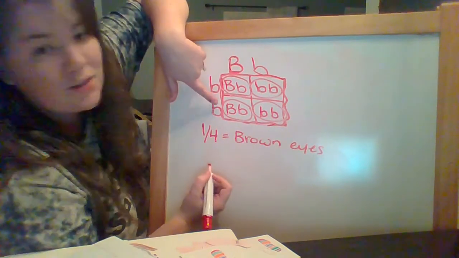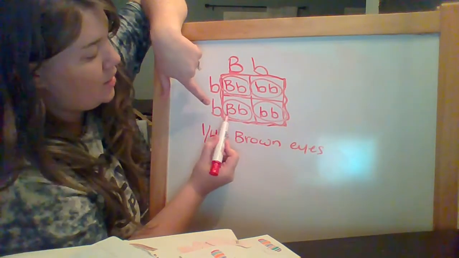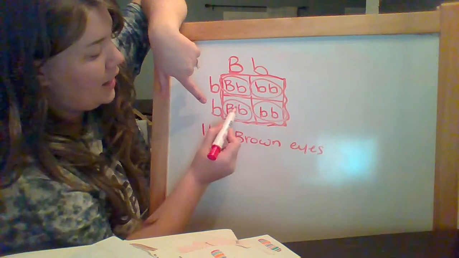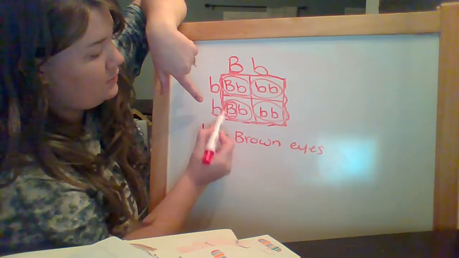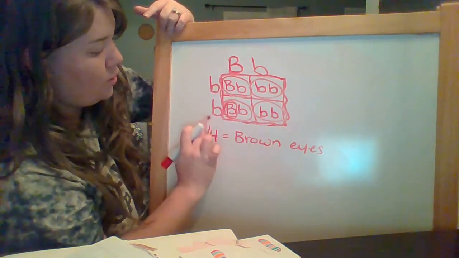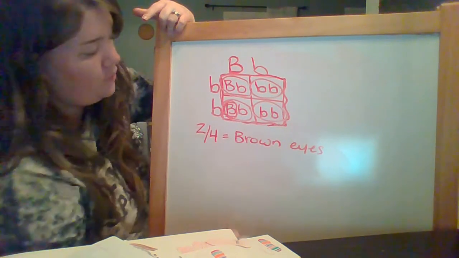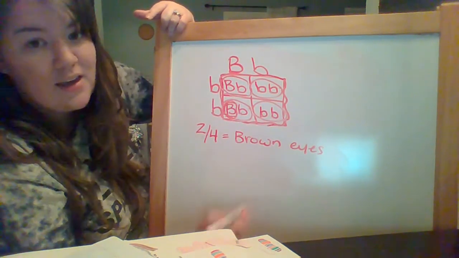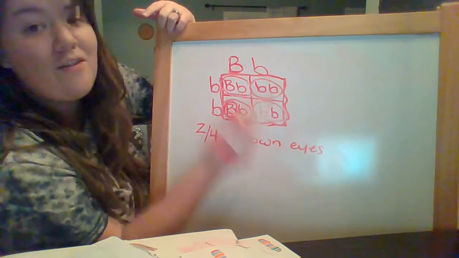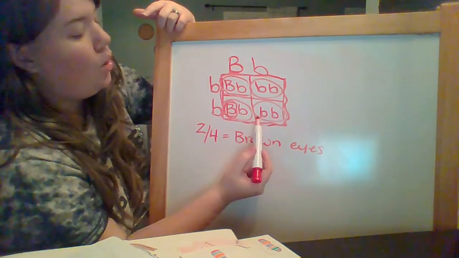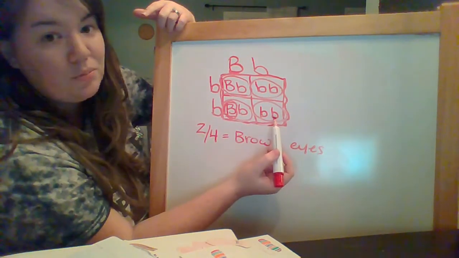But wait, there's another one. We have a dominant allele. It has to present that in its phenotype. So there's actually a 2 out of 4 chance that he has brown eyes. These don't have the brown allele in them. It's only going to show this recessive blue eye allele.